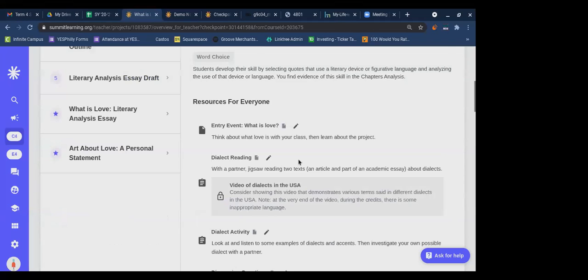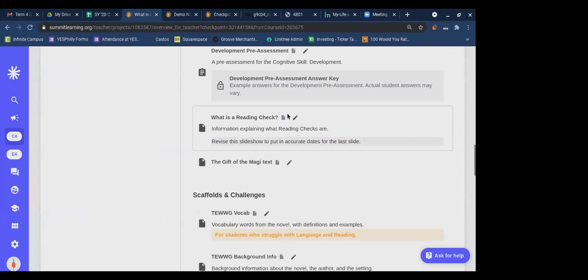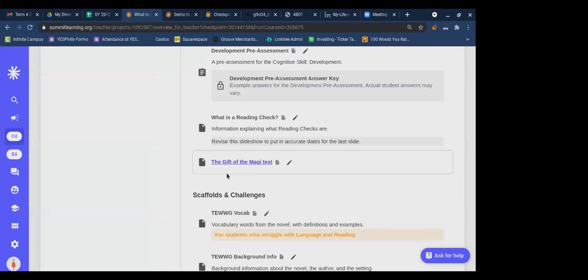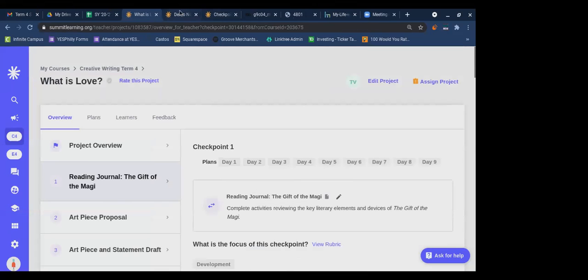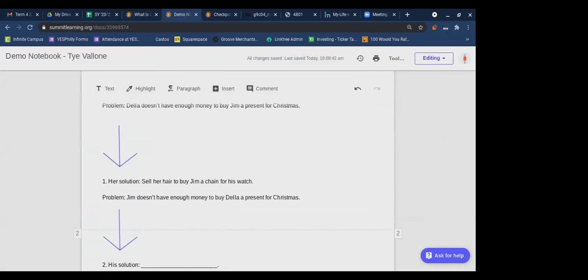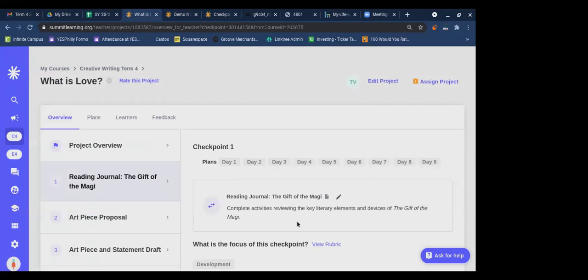If you scroll down, you'll see the link that says Gift of the Magi text. That's where you can access the short story, right? Like this, so you're able to read it on your own when we're not in class. And then the checkpoint in the box up here is the one that we kind of went through as an example. All right. And like I said, class recordings will be up on YouTube later today, so you can always watch those to kind of refresh your memory.